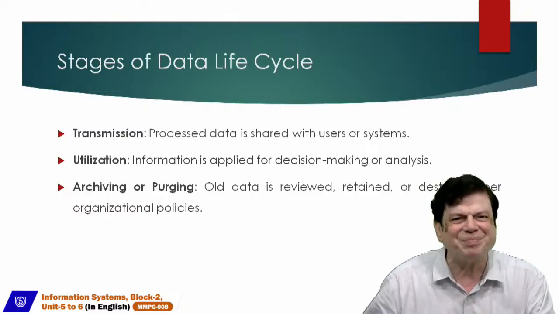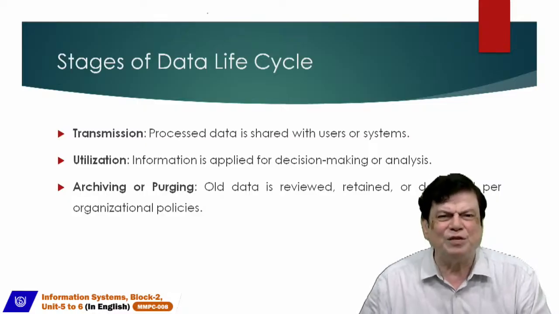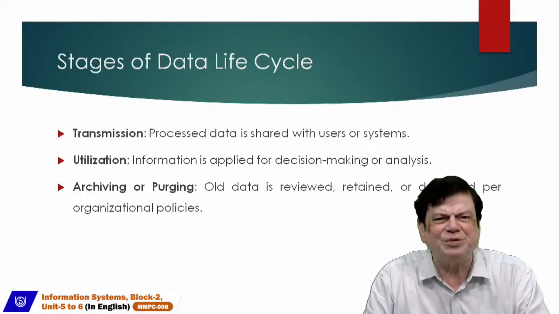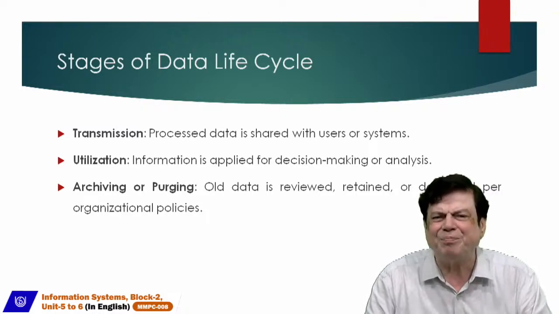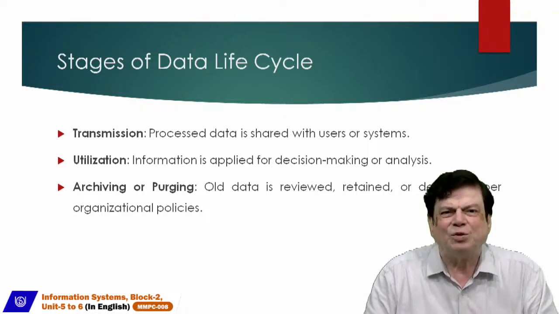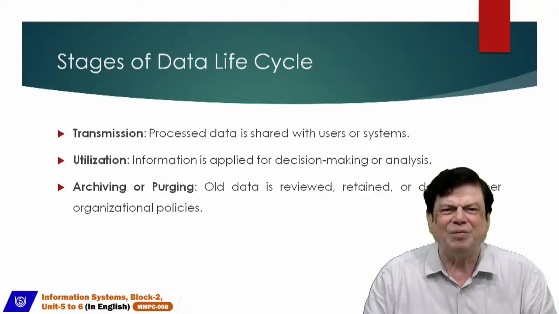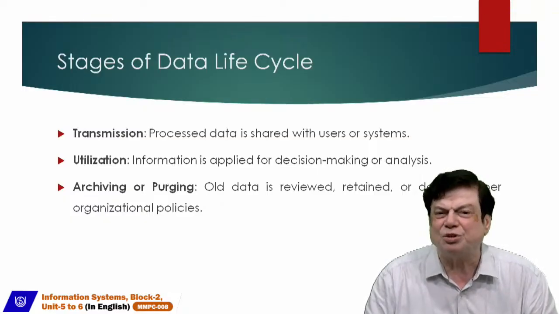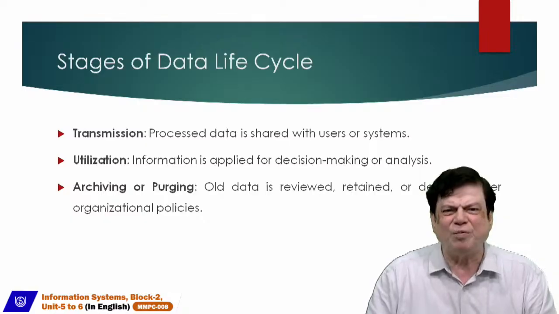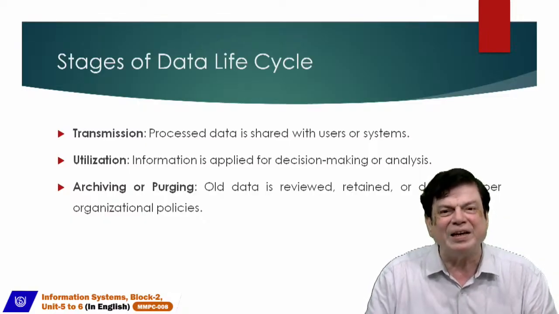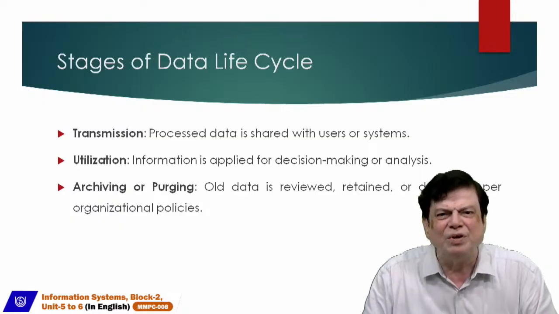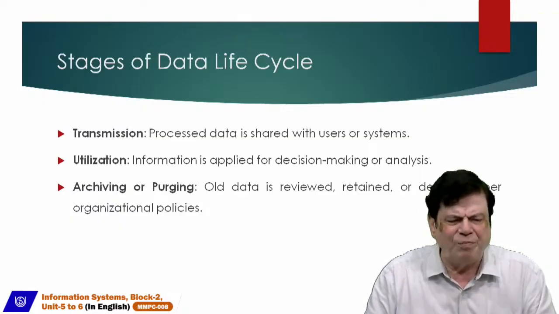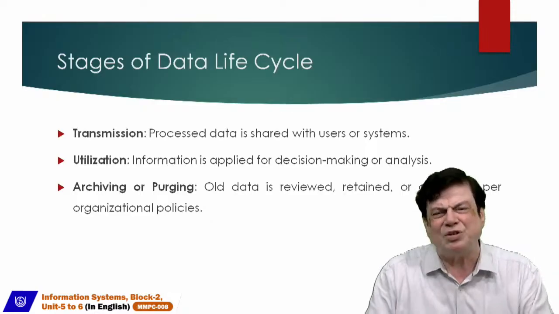So the stages of the data life cycle are transmission, utilization, archiving or purging. Transmission: processed data is shared with users or systems. Utilization: information is applied for decision making, analysis. Archiving or purging: old data is reviewed, retained or destroyed per organizational policies.